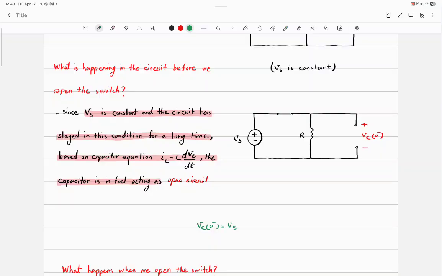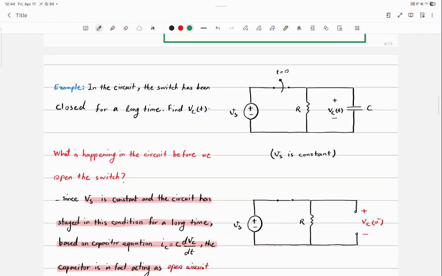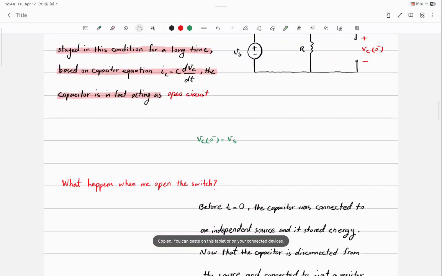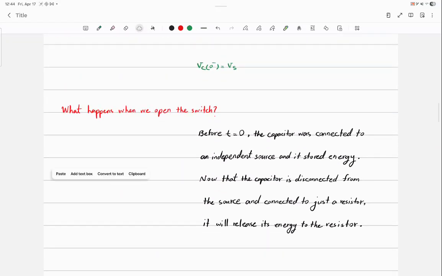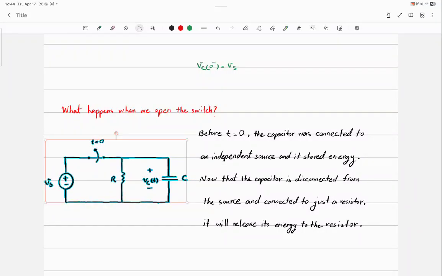They are in parallel, the voltage across. Okay, this is the first step. Let's go to the second step. What happens after switching? So this switch becomes open.